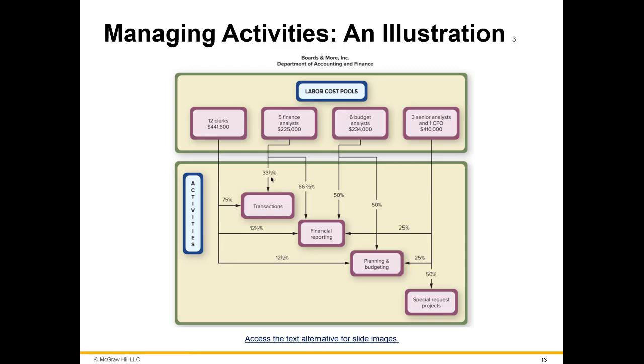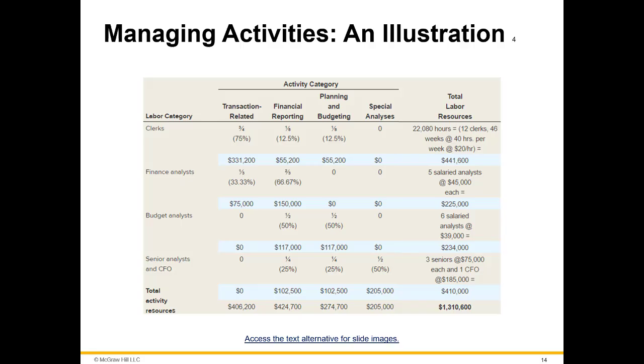All right, now let's take it one more step and see how costs are expended. You may want to stop this presentation and look at this really carefully to see how this goes. But here are our 4 labor categories. Here are our 4 activities. And we can see based on the time spent, the clerks make $441,600, and they do much of the detailed work.